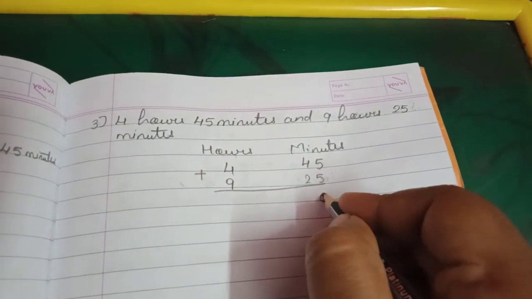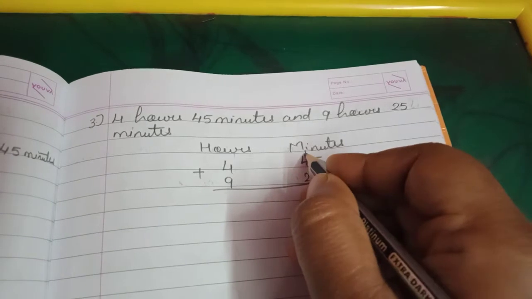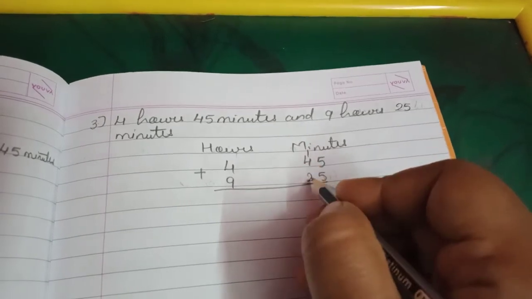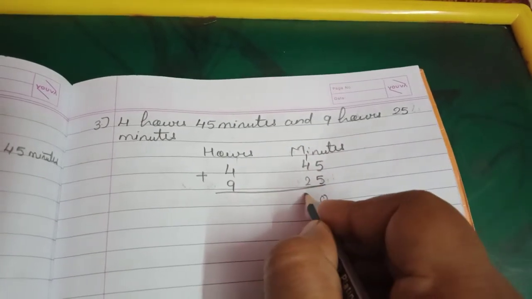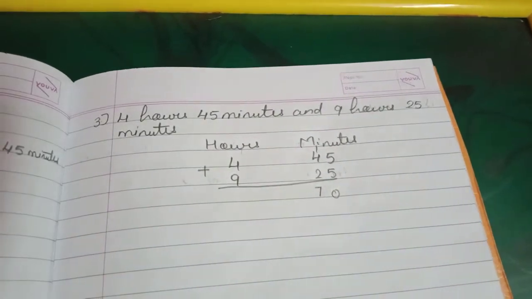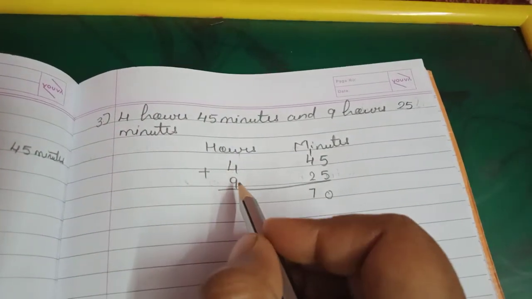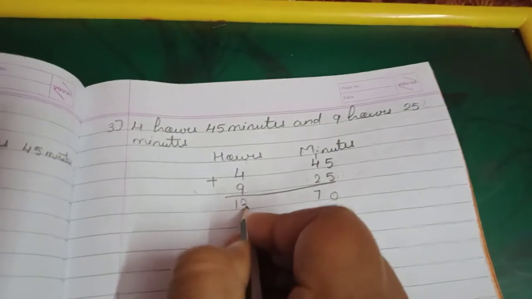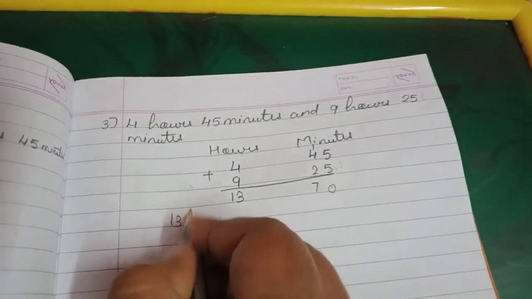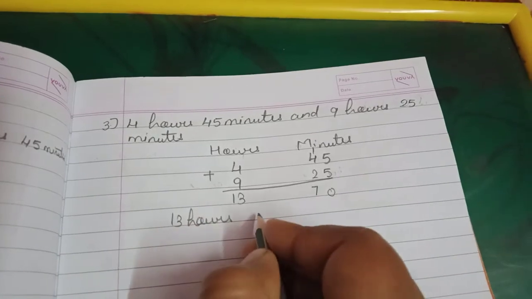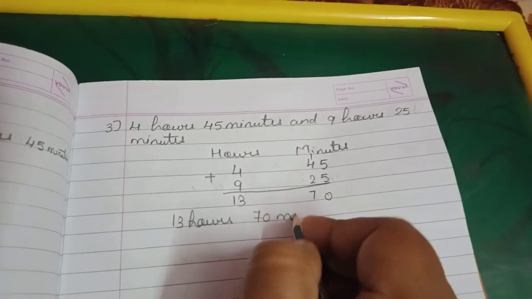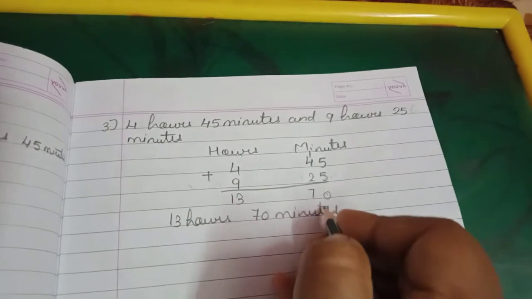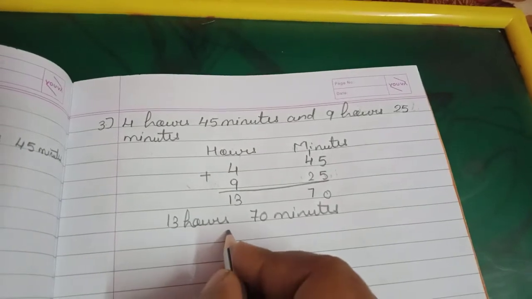So 0, 1 will be carried over. 1 plus 4, 5. 5 plus 2, 7. 4 plus 9, 13. Now 13 hours 70 minutes. 70 is greater than 60.